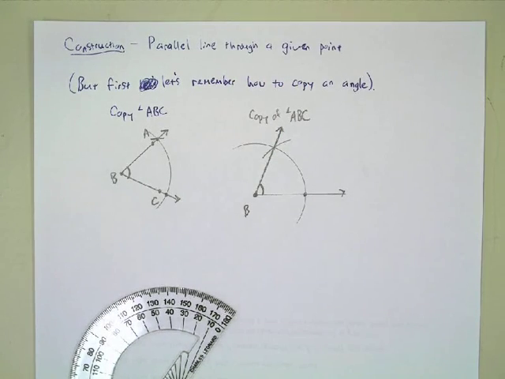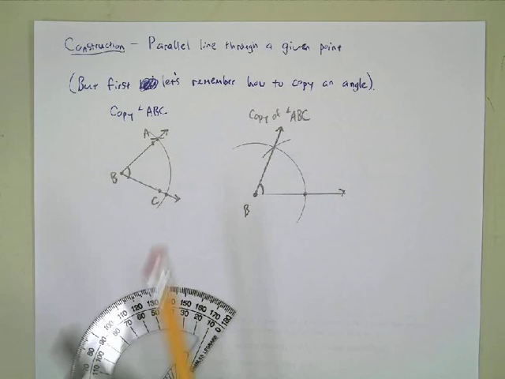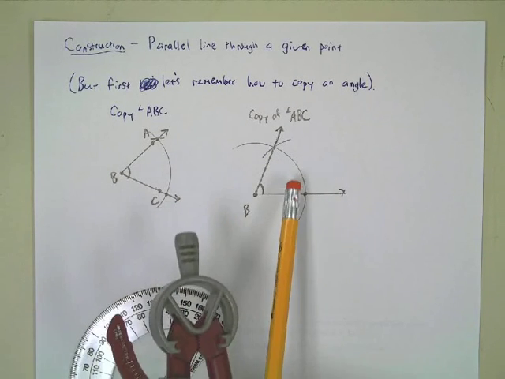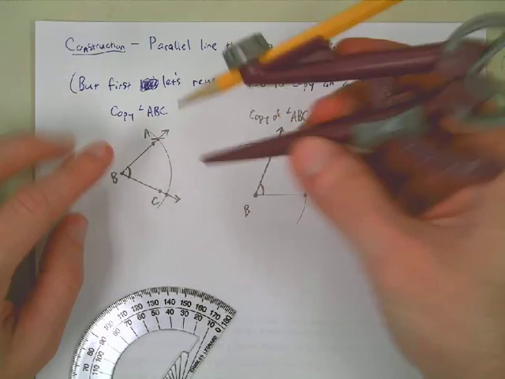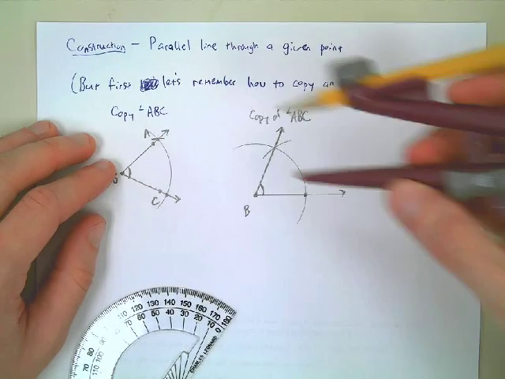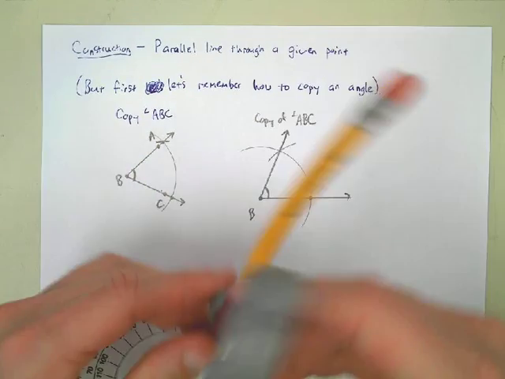It starts just like an angle bisector, except when you're trying to find that other side of your angle, you measure the distance between those 2 points. And then that helps you figure out where that second point has to go, right there. And that allows you to copy it. Same measure. Should be the same measure. Any questions on that?